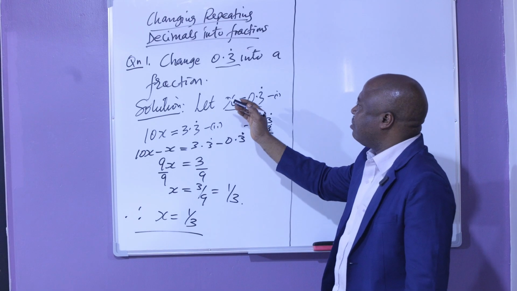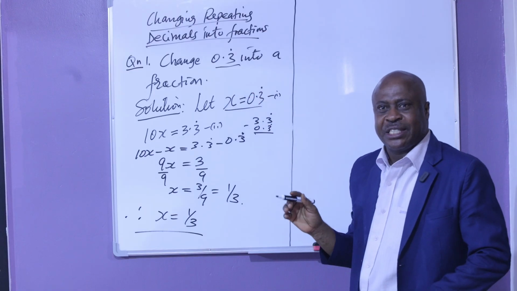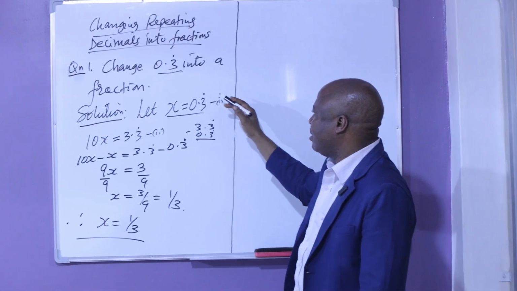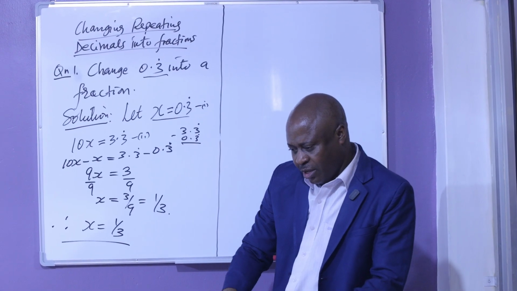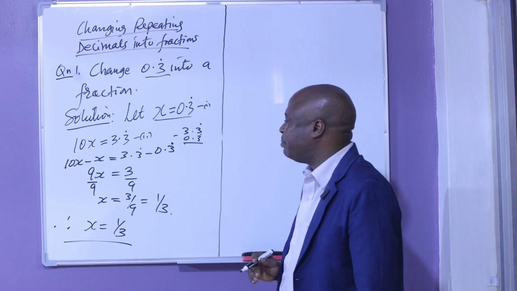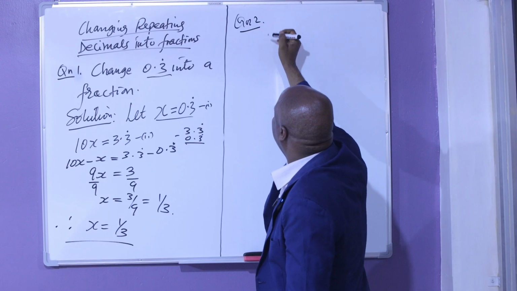But now, calling this level 1, I just want to give another example of a question corresponding to level 1. This is the simple version of repeating decimals. So look at question number 2.